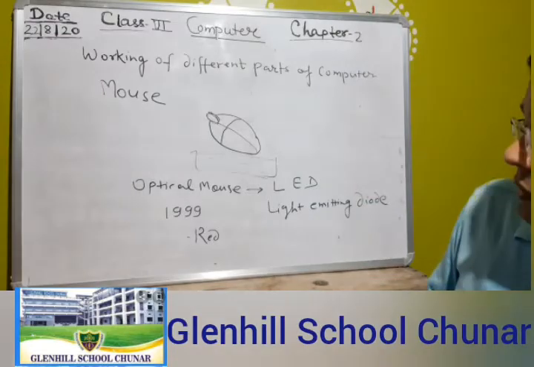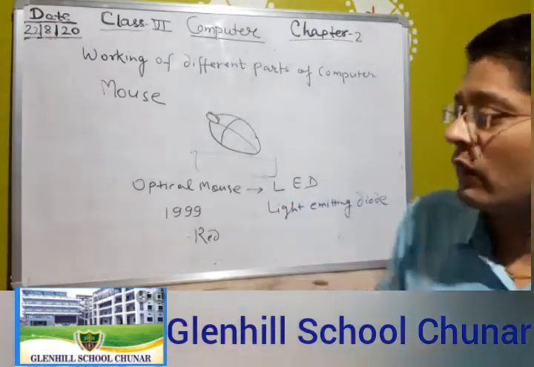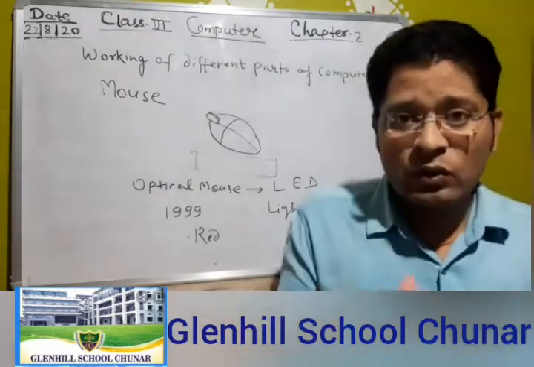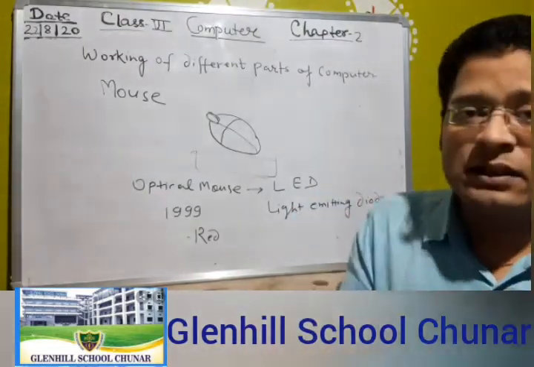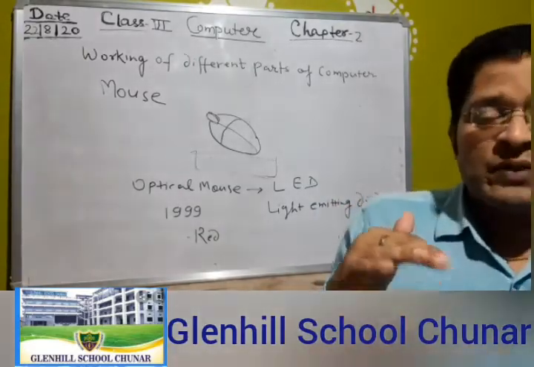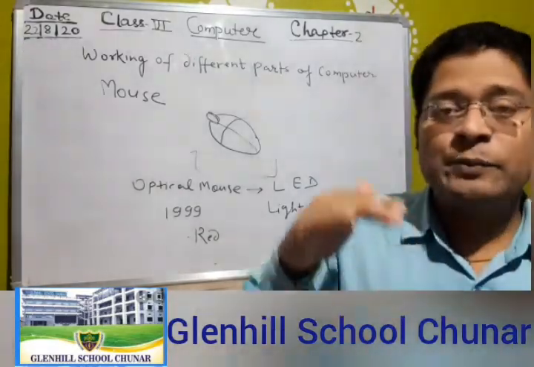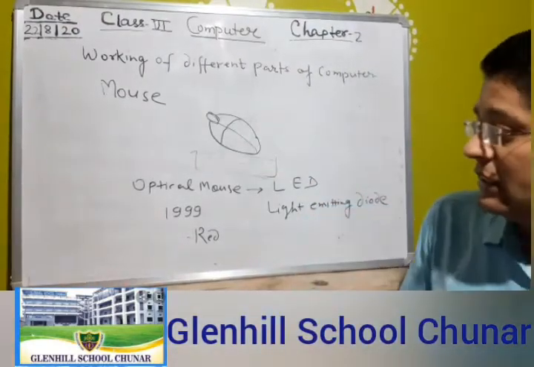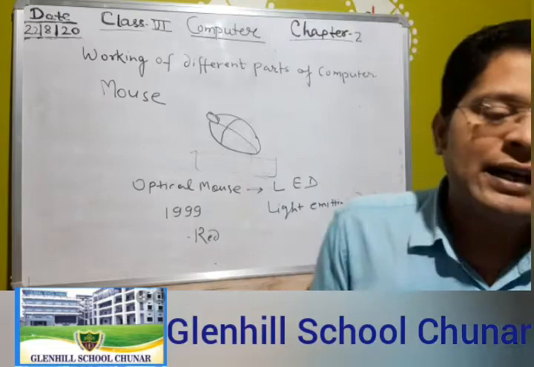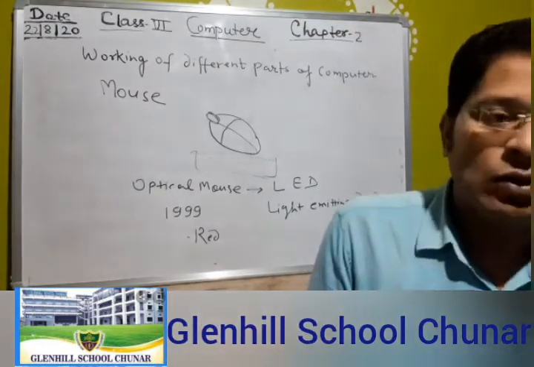Yes. So the red light, when you move the mouse, is reflected off the surface, and that light goes back to the CMOS sensor. CMOS means complementary metal oxide semiconductor. Okay, yes.